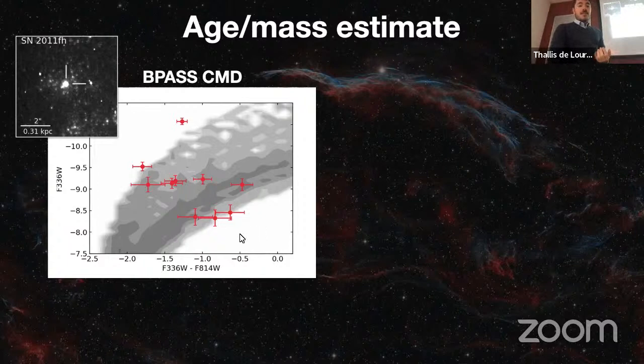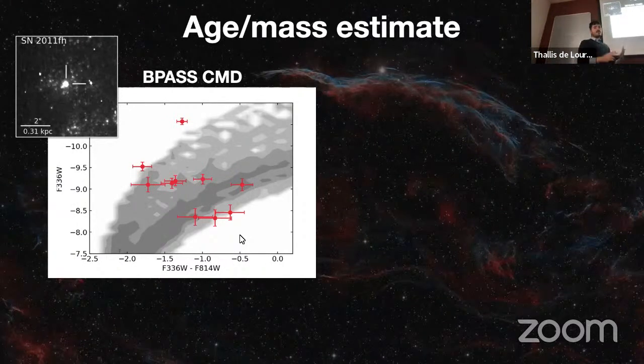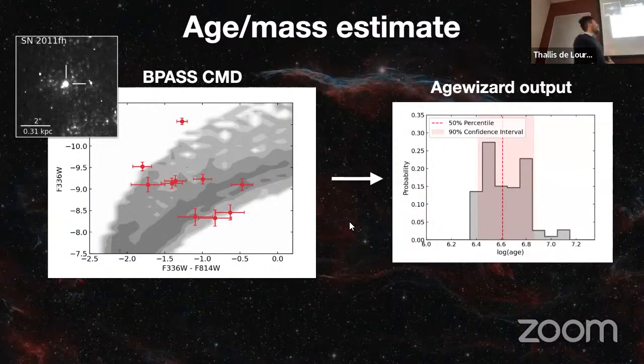So here I'm showing this color magnitude diagram. The red dots are the sources detected around 2011 FH, and this gray shadow is a model color magnitude diagram obtained from this code, BPASS, which is a stellar evolution code. So we fitted the data, the stars that we detected, to this color magnitude diagram.